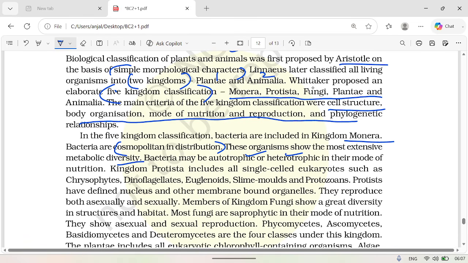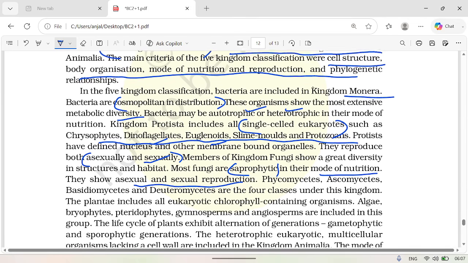Kingdom Protista includes all single-celled eukaryotes, such as chrysophytes, dinoflagellates, euglenoids, slime molds, and protozoans. Protista have a defined nucleus and other membrane-bound organelles, and they reproduce both sexually and asexually. Members of the kingdom Fungi show great diversity in structure and habitat, and most fungi are saprophytic, that is, depending on organic matter in their mode of nutrition, and they show asexual and sexual forms.